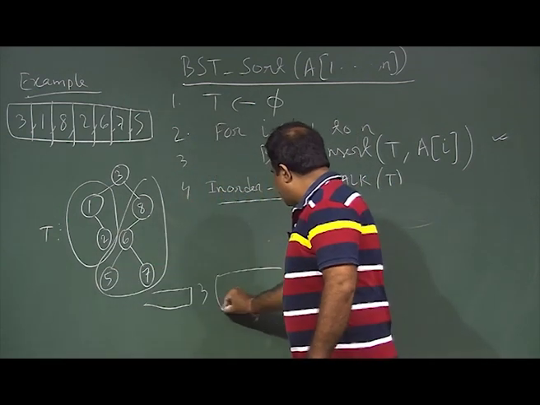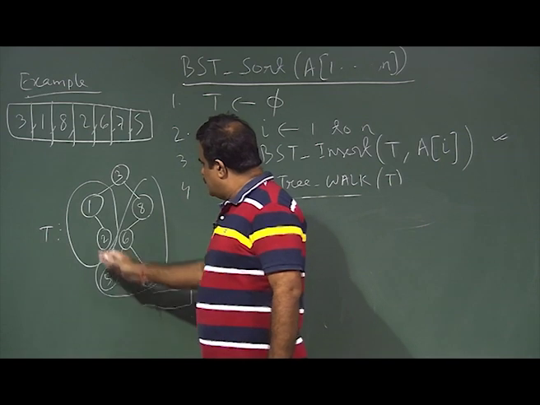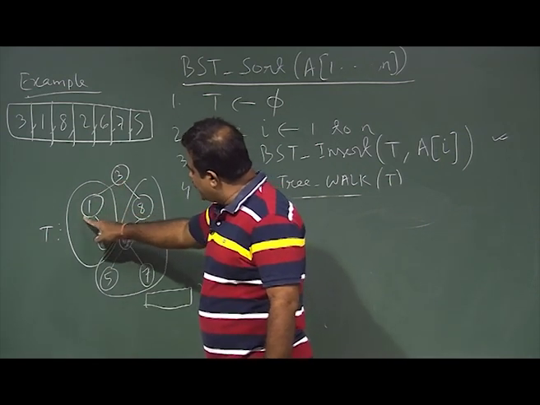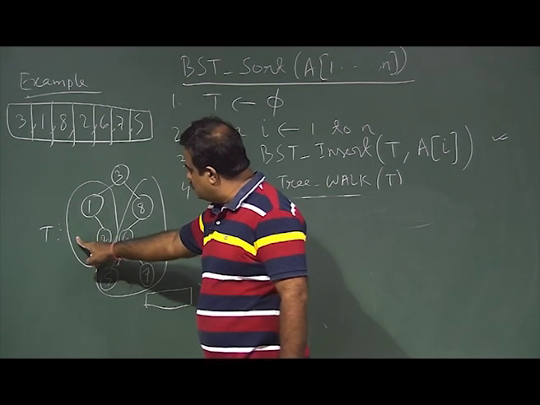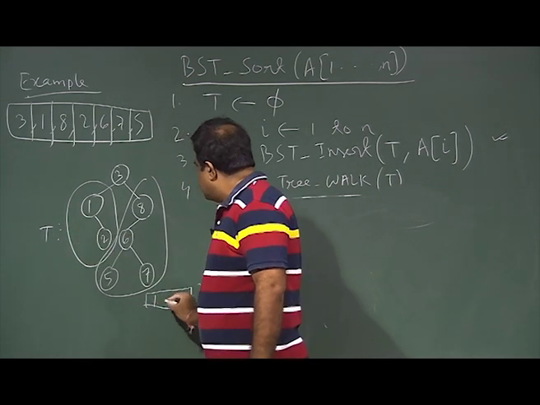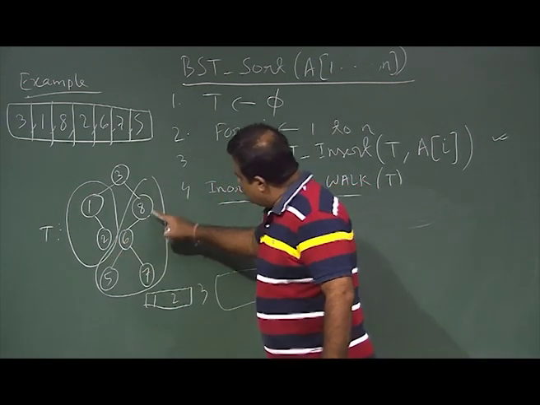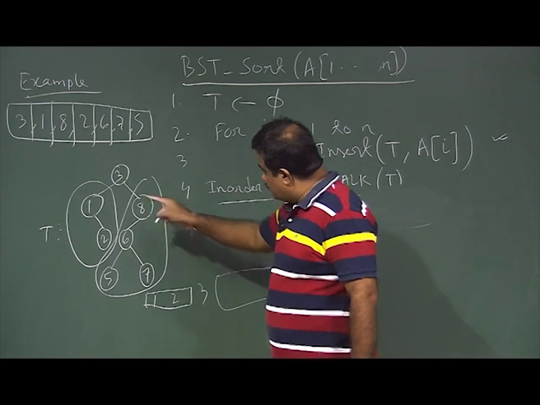Okay, this is the right part. So again for the left part, this is the tree now. We again call the in order, this has no left part, so this is 1, then we print the right part.